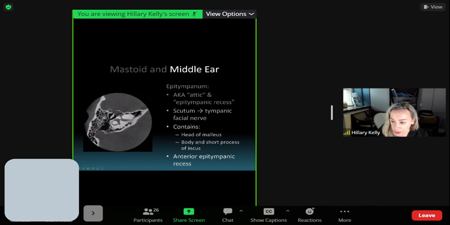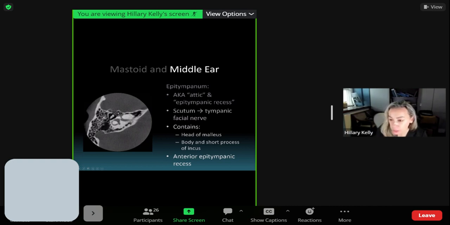And the reason we care about it is that the anterior epitympanic recess can be just a single air cell, or in this case, as you see here, a bunch of little tiny air cells, right next to that geniculate and anterior tympanic segment of the facial nerve. And the reason it's important is because if you have disease processes, most commonly cholesteatoma, the cog can be a relative barrier to spread of cholesteatoma from the rest of the epitympanum up here.